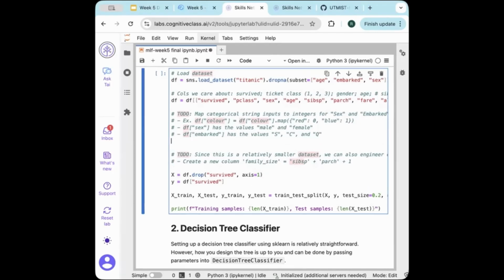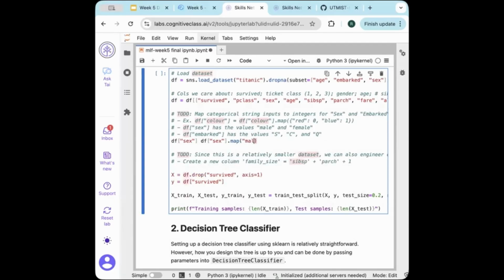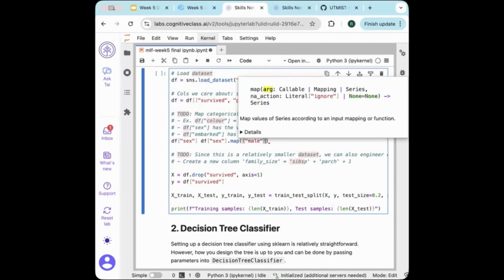So for sex, here's what we're going to do. I'm just going to use the map function. I have to put them in a dictionary.